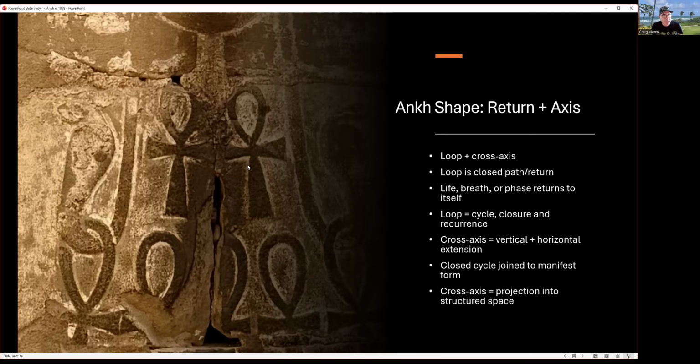And then we've got what looks like something that is running vertically, and then something that runs horizontally, almost like a cross. This cross axis we're looking at, I believe, represents projection into structured space or form.